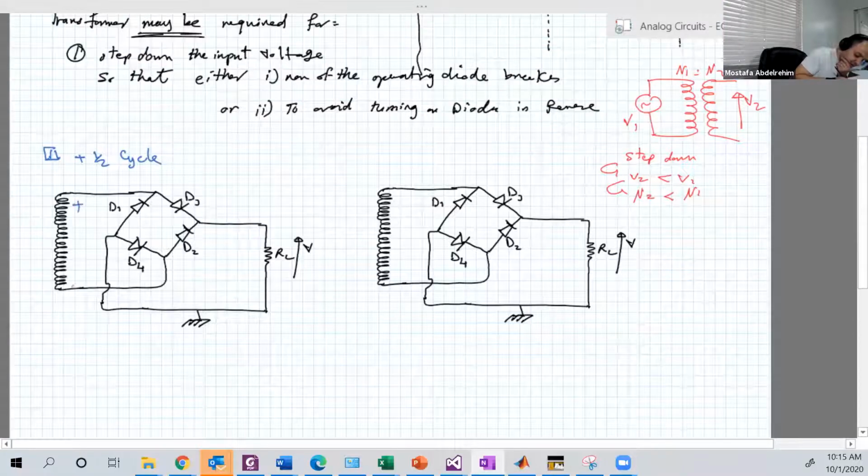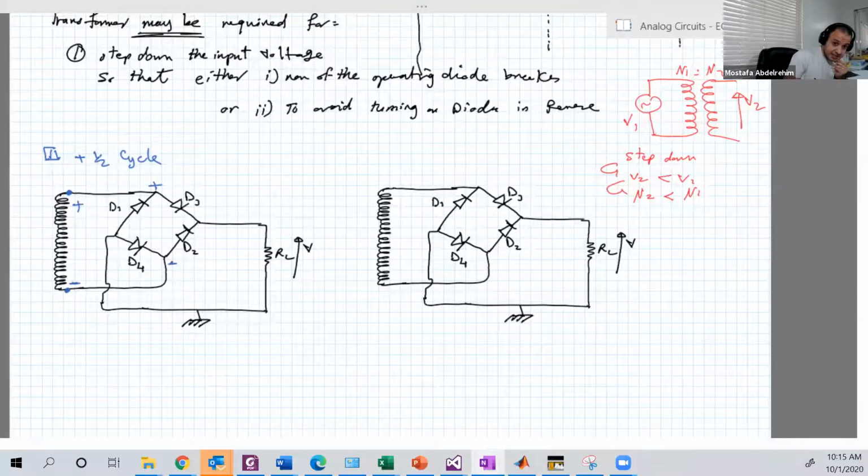positive here and negative here. In the positive half cycle, the voltage of that point is larger than the voltage of that point. So this will be positive here, and this will be negative here. Okay? Now we can see that some of the diodes will be reversed and some of the diodes will be forward.